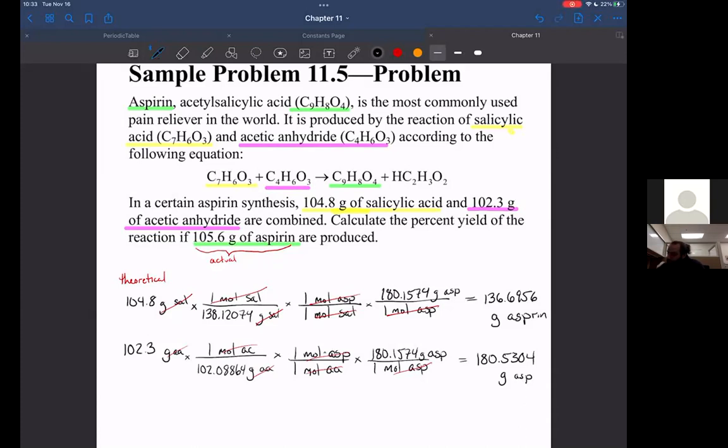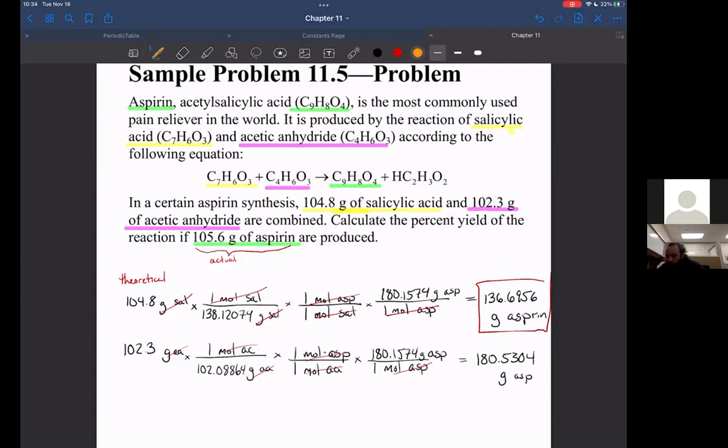Remember, we're going to look at our end quantities here and we have to compare them. And whichever one is smaller, that's the theoretical yield for your reaction, okay? I have enough acetic anhydride to make 180 grams of aspirin, but I don't have enough salicylic acid. I only have enough salicylic acid to make 136 grams.